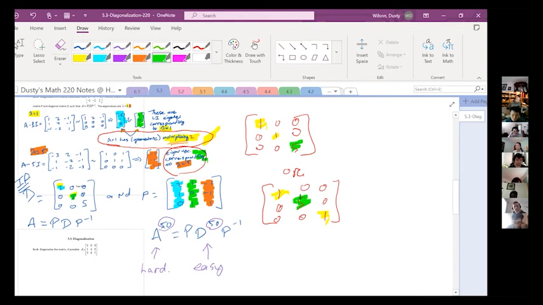But if we'd used this second matrix, then our P would have changed and the orange column would have been in the middle, because we'd have to have that second column correspond to where the 5 is.